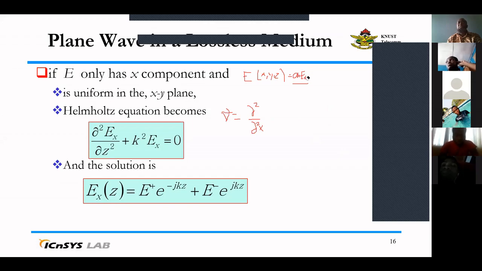So we are simply left with del squared, and only what? Ex. Sorry, the variation is uniform along X and Y, so only Z's variation is present.